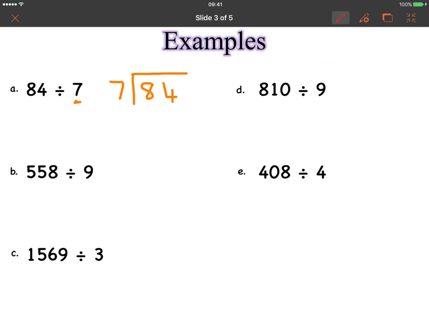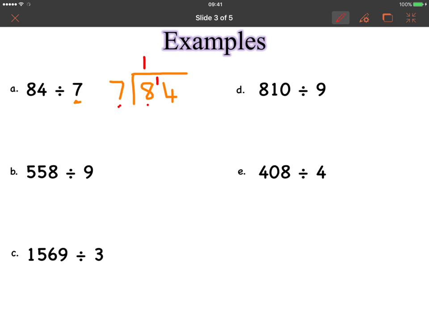Now, 7 goes into 8 once, and there will be a remainder of 1. The reason why there's one remainder is because 7 times 1 is 7, and in order for me to get to 8, I need to add 1 more, and therefore the 1 remainder.